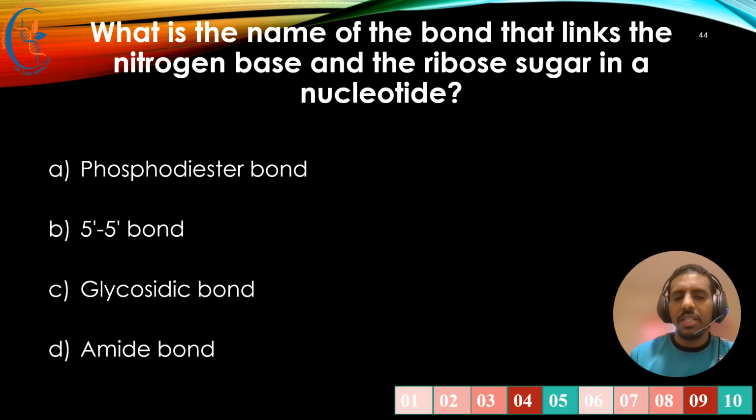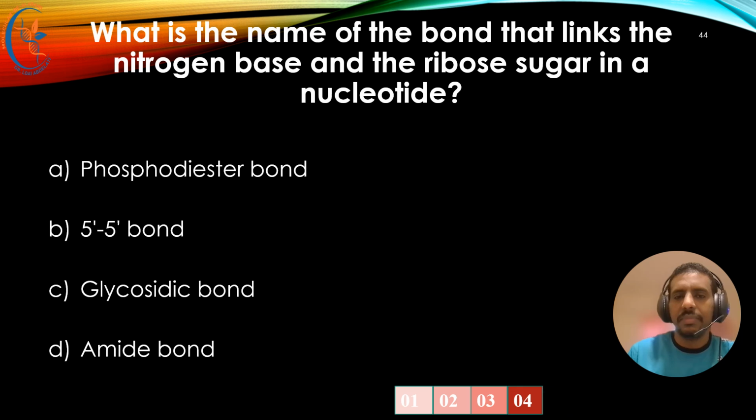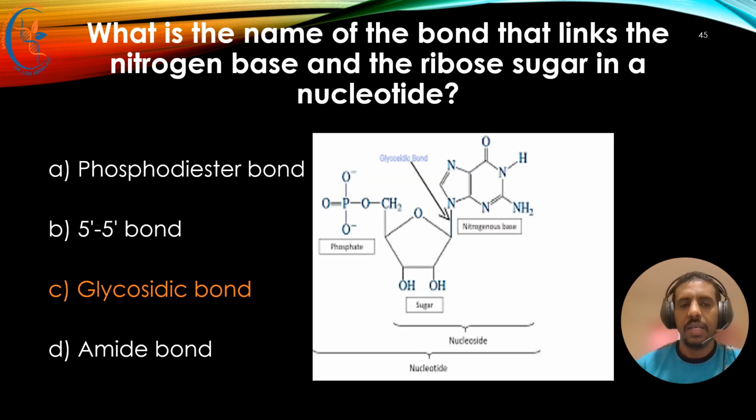Okay, the next question. What is the name of the bond that links the nitrogen base and the ribose sugar in a nucleotide? 10 seconds. Okay, the bond that links the nitrogen base and the ribose sugar in a nucleotide is called a glycosidic bond.